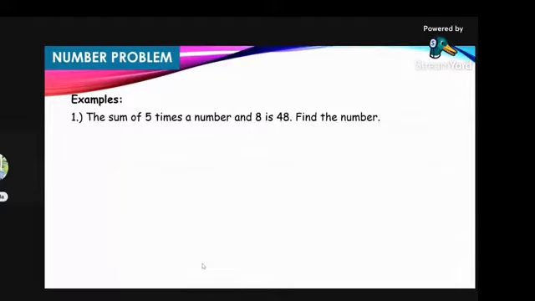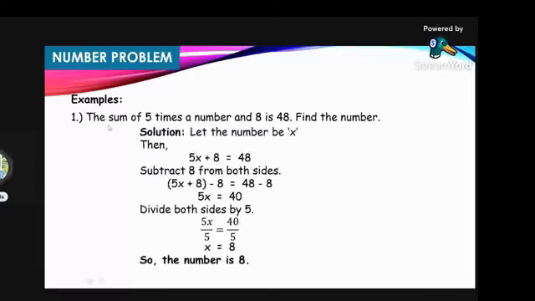Opo, sige sir. Okay, the correct answer for example number 1 is, so let the number be x. Sabi dito sa problem, the sum of 5 times a number, so 5 times x plus 8 is 48.